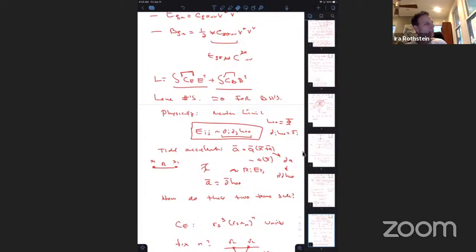What would be the analog? The difference between Maxwell, so the Weyl tensor.